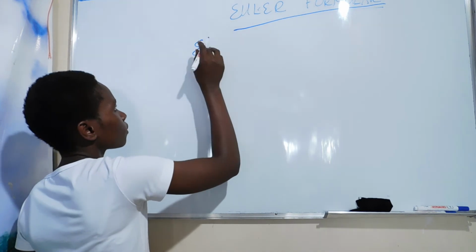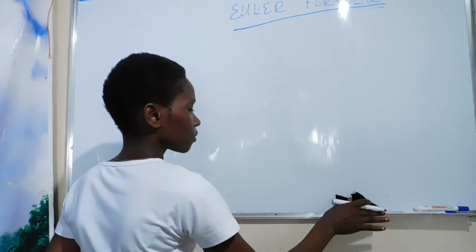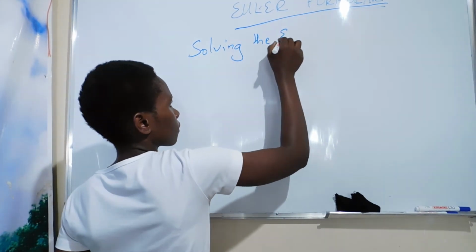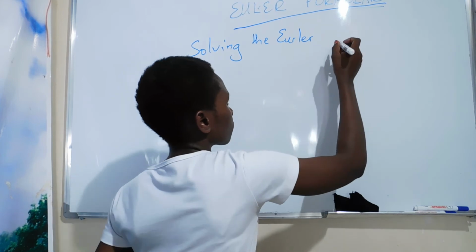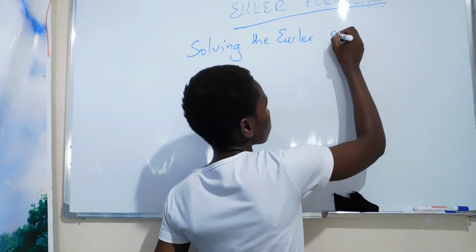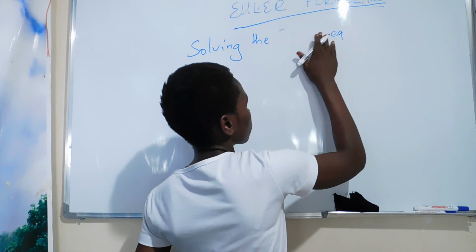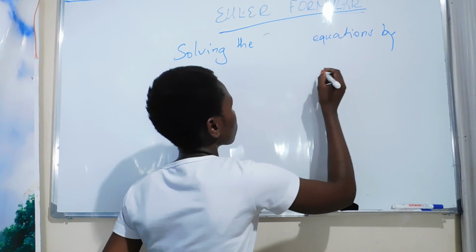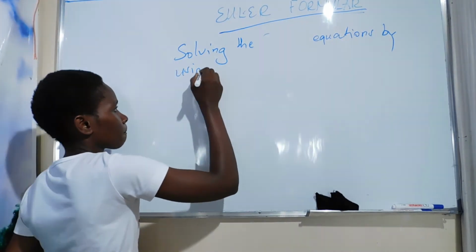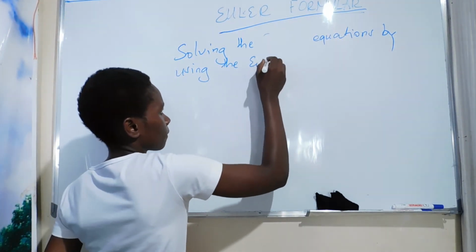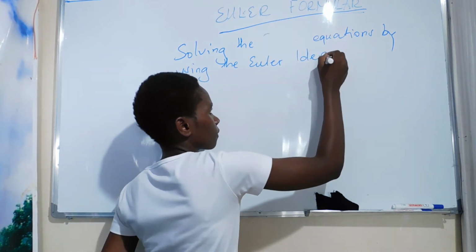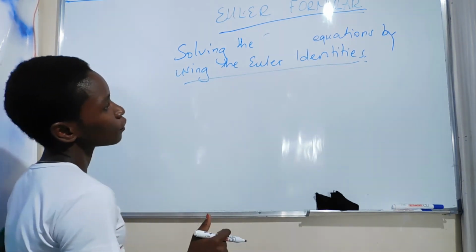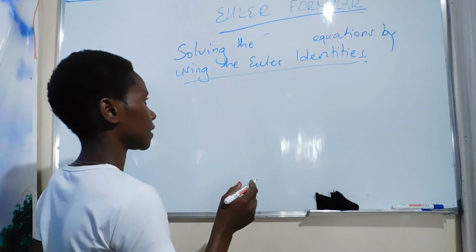Now example, let's see. We use Euler identities in order to solve equations and in order to prove identities.